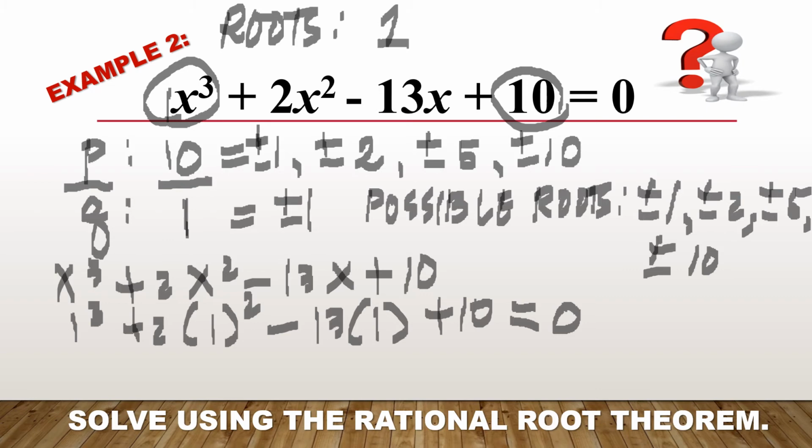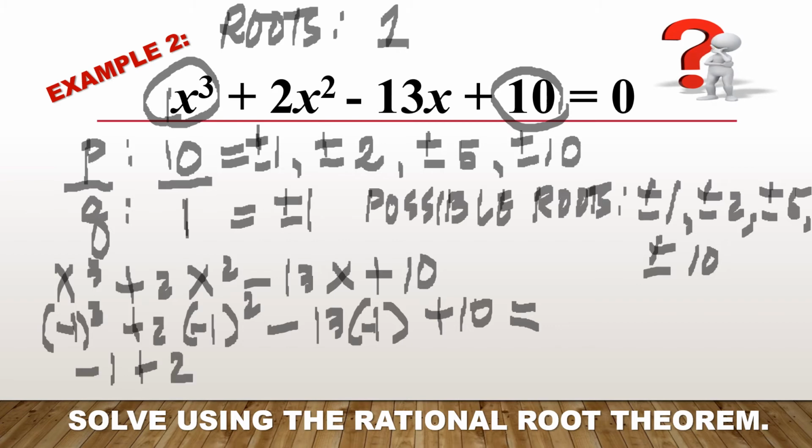Well, what do you think if negative 1? So let's have negative 1. Let's replace it with negative 1, and this one also negative 1. If this is negative 1, is it still 0? So let's see. Negative 1 cubed is negative 1. 2 times negative 1 squared, which is positive 1, so 2 times positive 1 is positive 2.